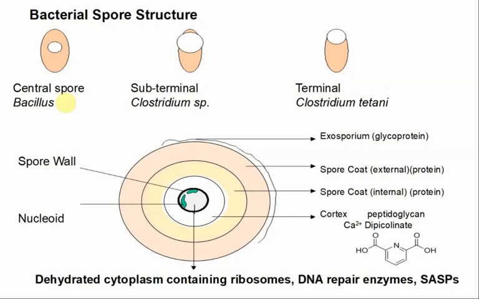This will release dipicolinic acid. The dipicolinic acid will come out, diffuse back into the spore coat. Some of the proteins in here are enzymes. The dipicolinic acid will activate them, and these enzymes will break down the spore coat and the cortex.